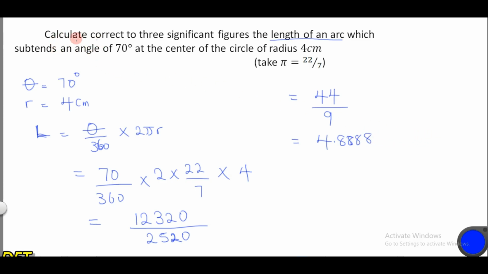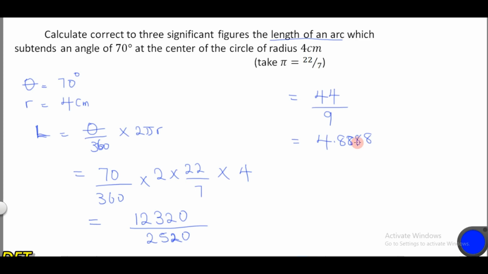But my question says calculate correct to three significant figures. So I will just have to count three figures starting from my left hand side. So this is 1, 2, 3. So I will end here. So this is 8, and the next number is still 8.